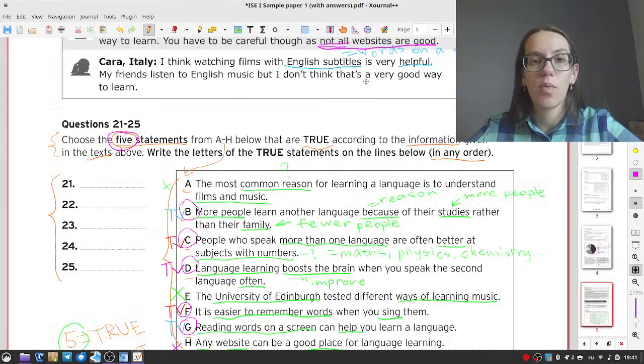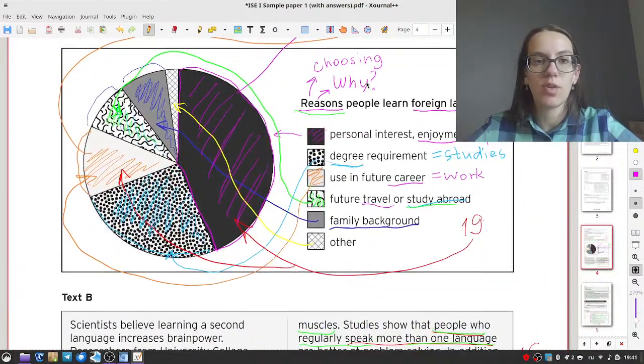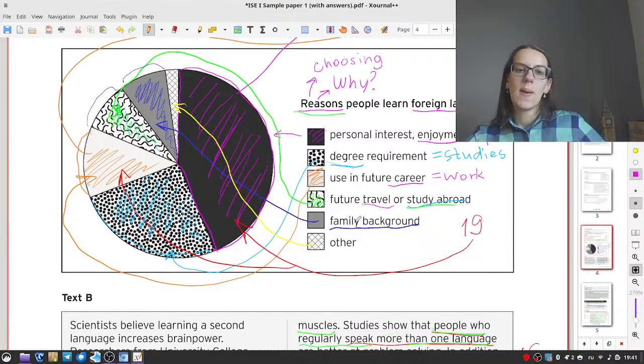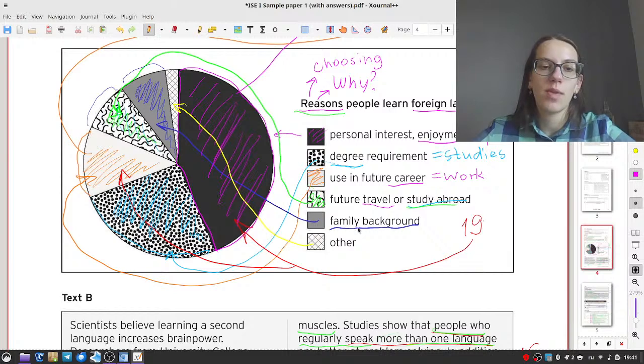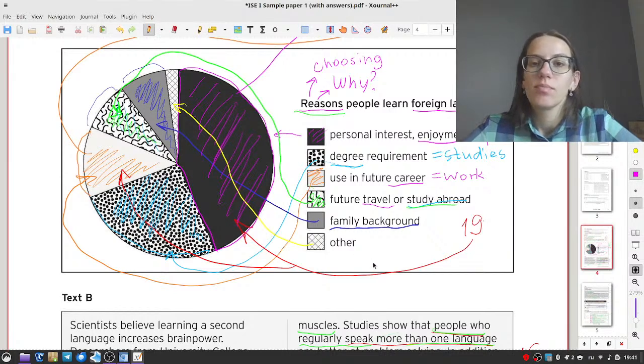Because here we have personal interest. You remember this question, personal interest, films and music. Films and music is just one of the possible personal interests. Some other people maybe just like learning languages, not for films or music, but in general.